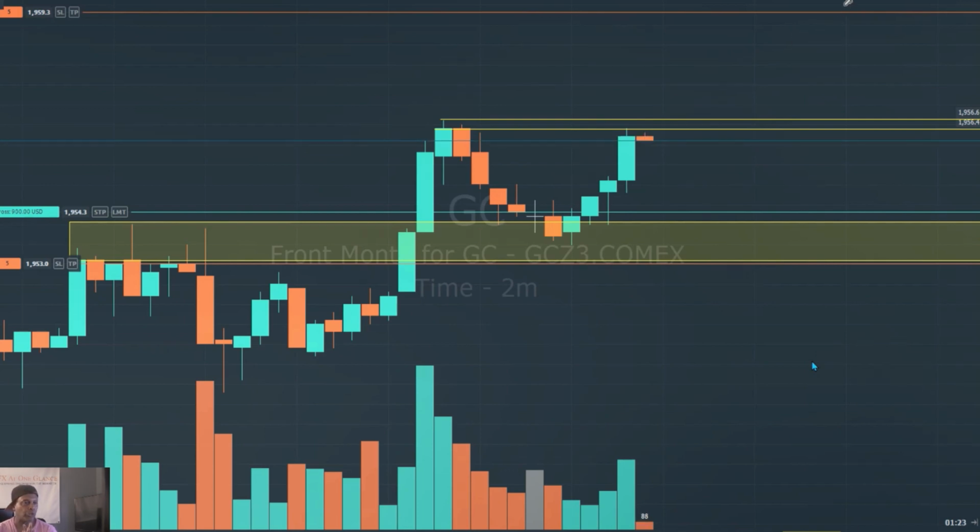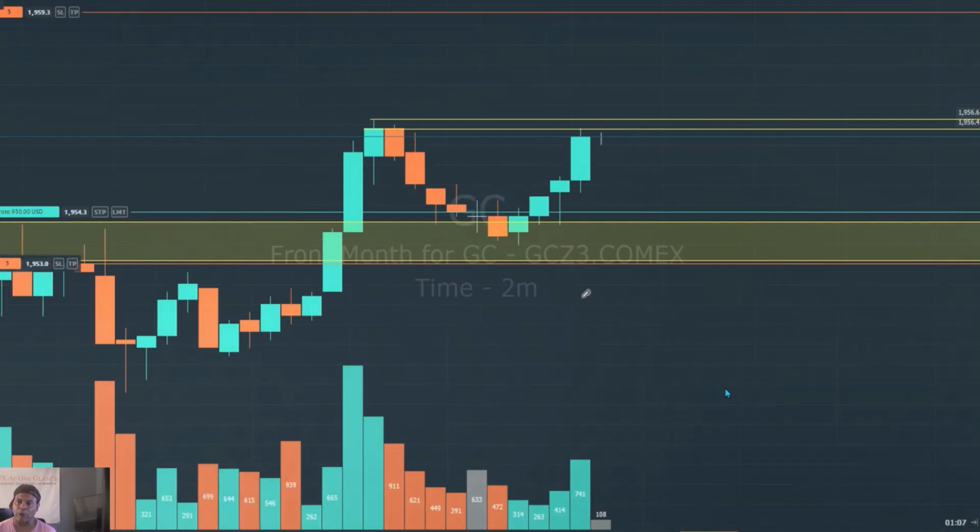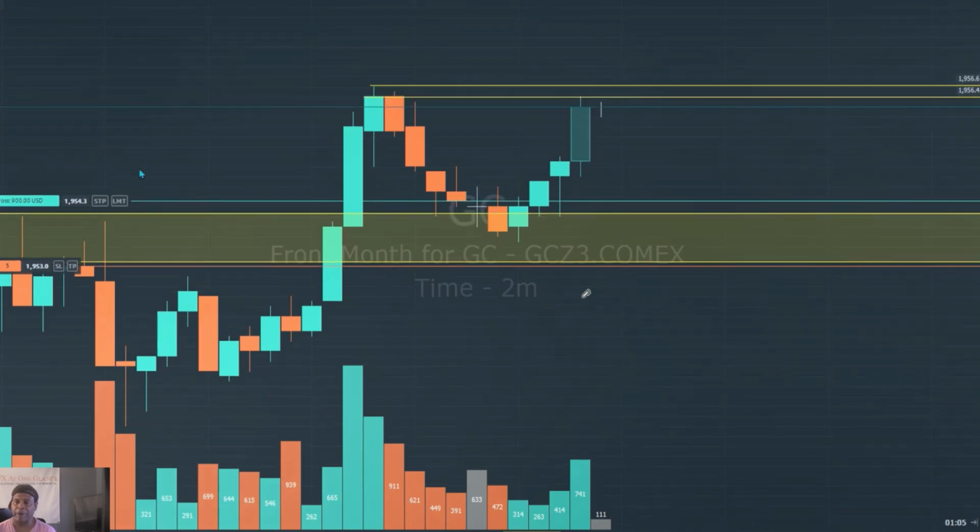So this was a gold trade. Like I said, you could see we're trading gold futures, and we're about close to 1,000 right here on this profit. I wanted to get at least that 1,000.